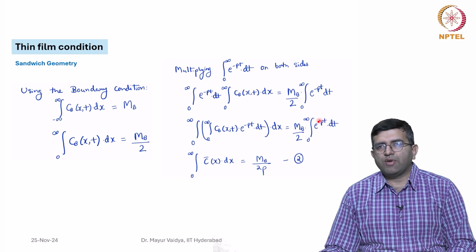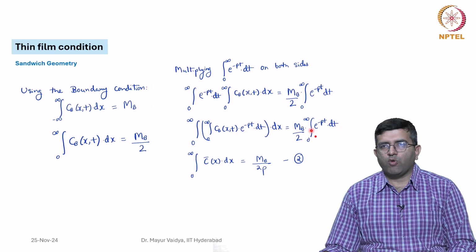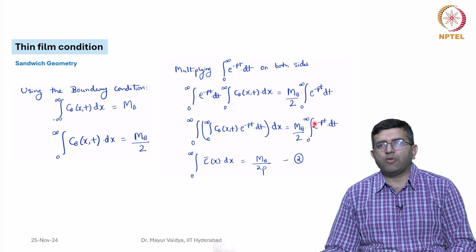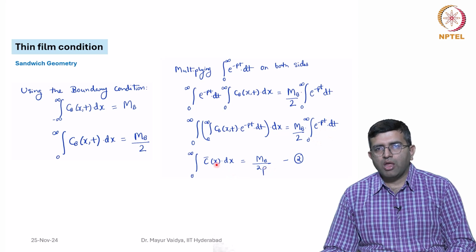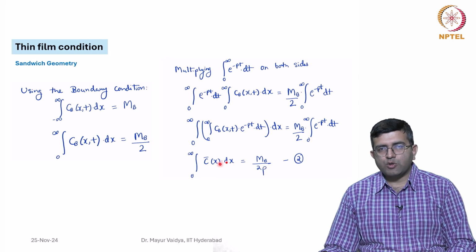This last integral we know very well is nothing but 1 by p. We have discussed this a couple of times in the earlier lectures, and you can refer to them for a proof. So the integral from 0 to infinity of e power minus pt dt is 1 by p, and now we have the integral from 0 to infinity of C bar x dx equal to M_B by 2p.